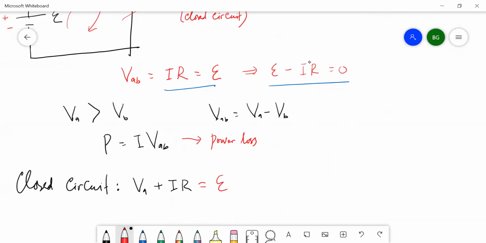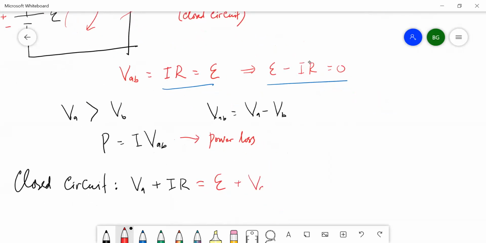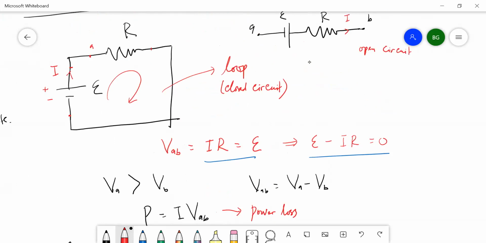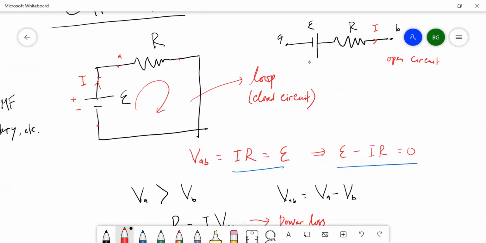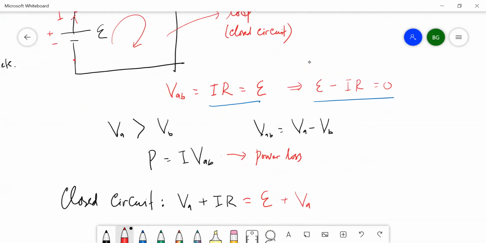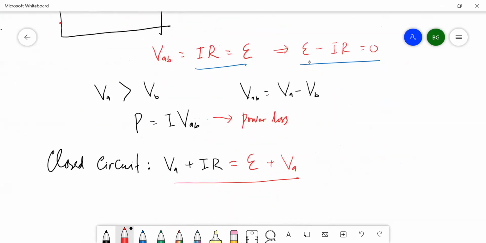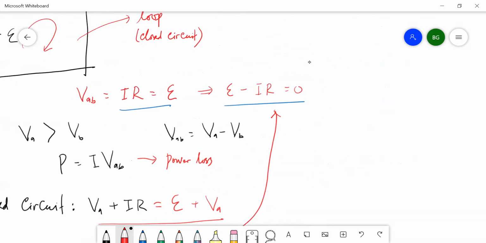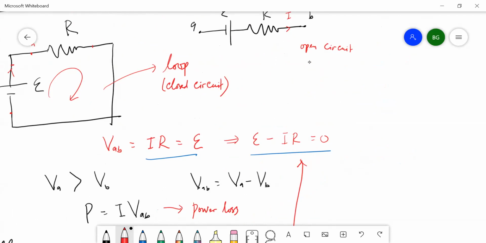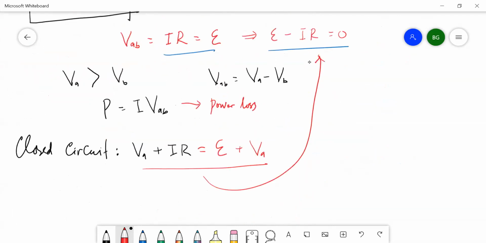And then we go back again to VA. Then we get this relation. Okay, this is for the closed circuit.